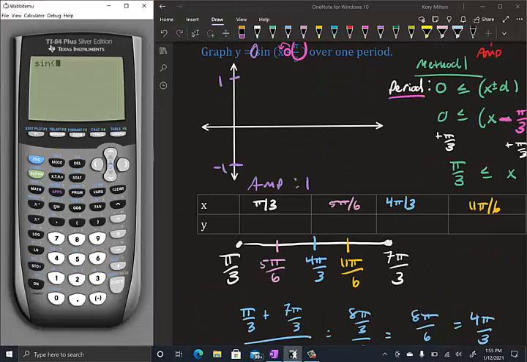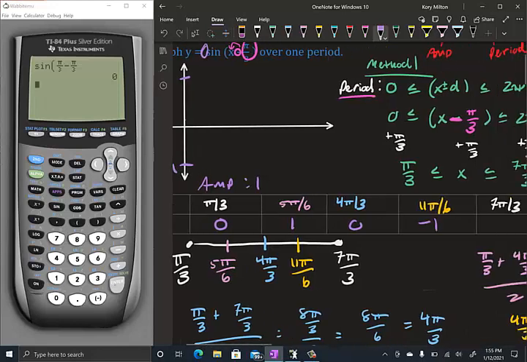We have sine x, in this case x is pi over 3. And then we're going to subtract pi over 3, which we could have just said is 0, but still. And we get 0. So since it's positive 1, it's going to go 0, 1, 0, -1, and then back to 0.